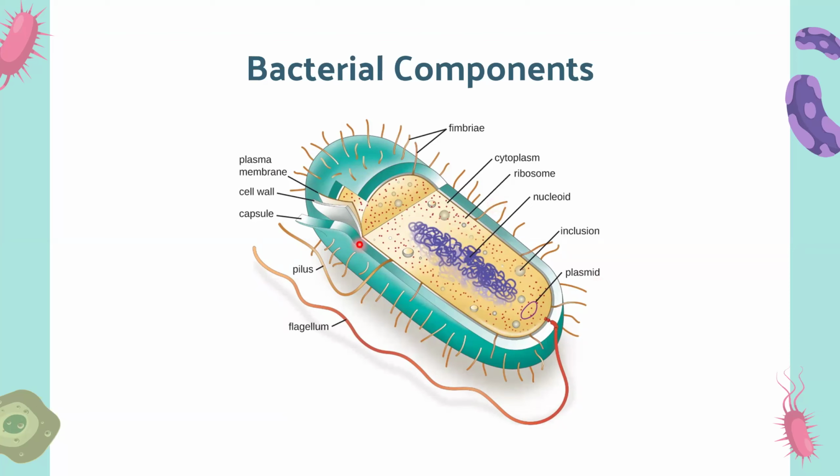Okay, after this capsule that is not present in all bacteria, we have our cell wall. The cell wall is present in both gram-positives and gram-negatives, but it is missing in something called mycoplasma. Okay? Mycoplasma is this acid-fast type of strain of bacteria, which essentially means that I will not be able to stain it using gram stain.